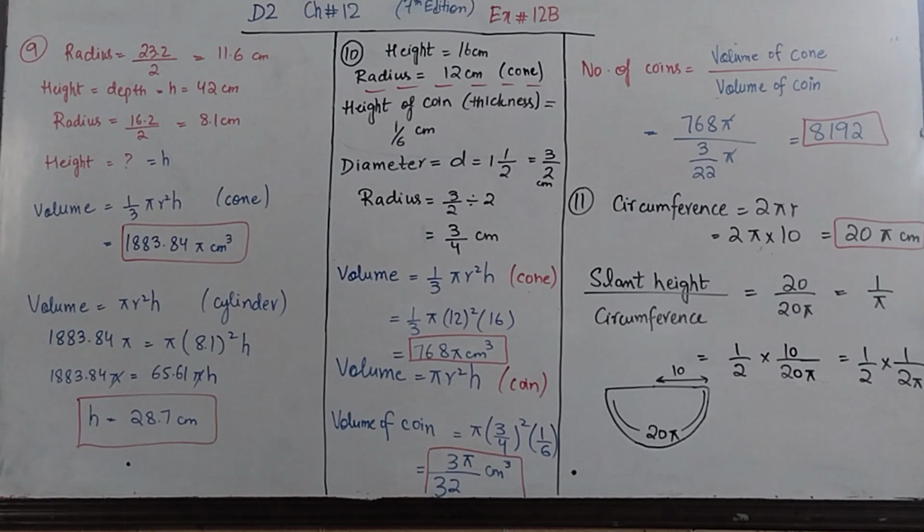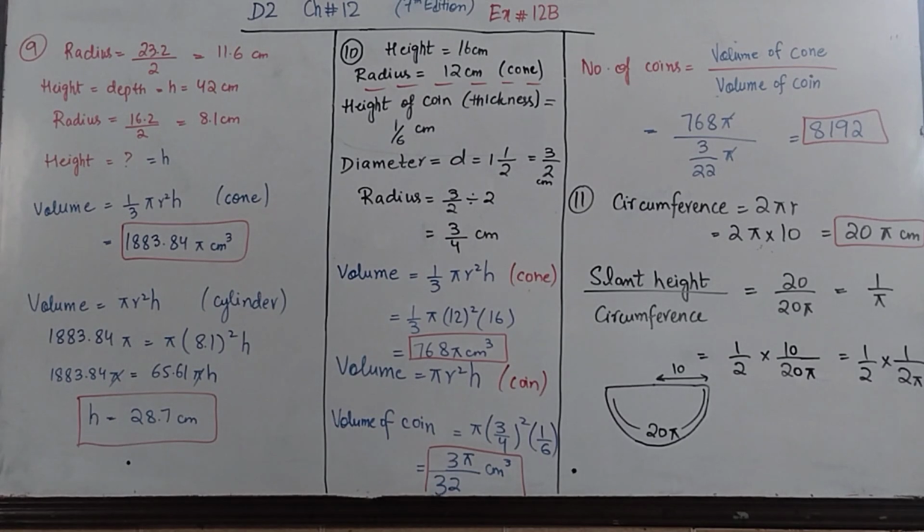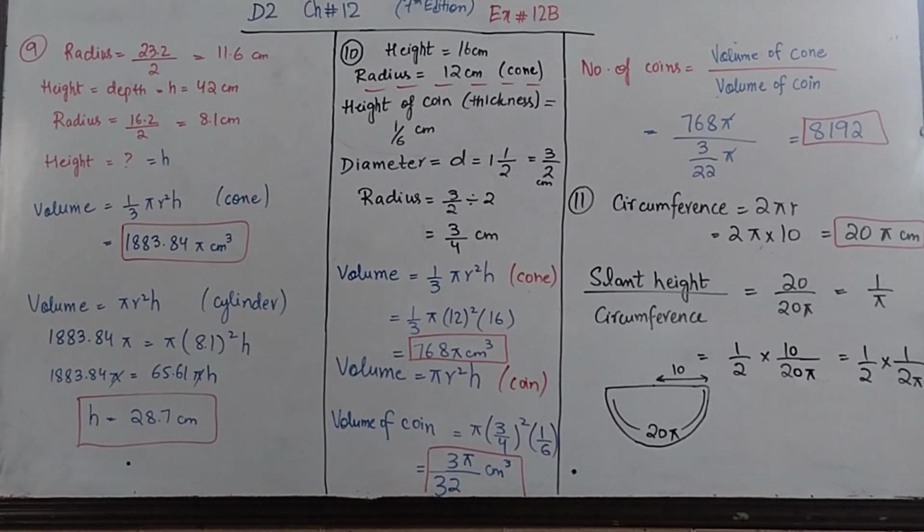So in question number 10, we are given a coin and a conical block. Conical block means cone shaped, and coin, of course, is a cylinder-like shape. So here again height is 16, radius is 12. Both the values are of the cone. I have written them in the bracket.